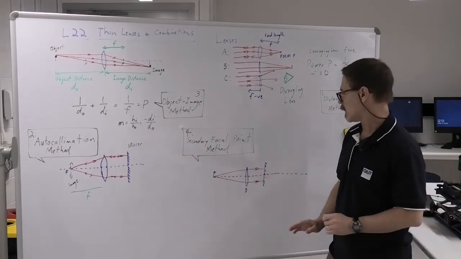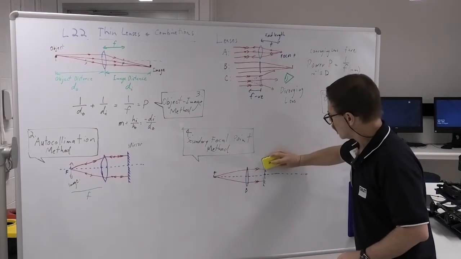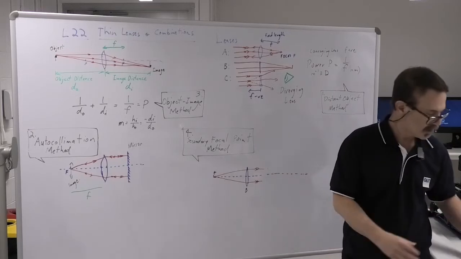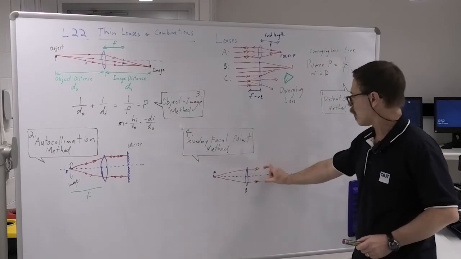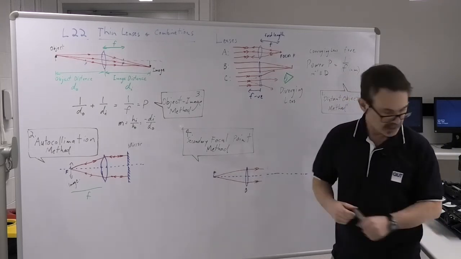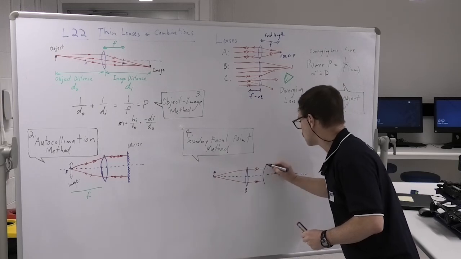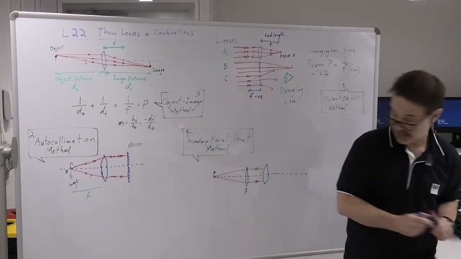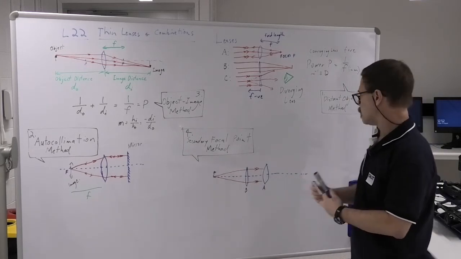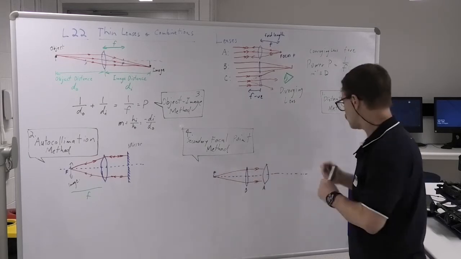So auto-collimate lens B firstly, then remove the mirror, and we have a collimated beam of rays that we can now use to pass through our second lens, which is lens A. And because those rays are coming in parallel, it's like it's a distant object.